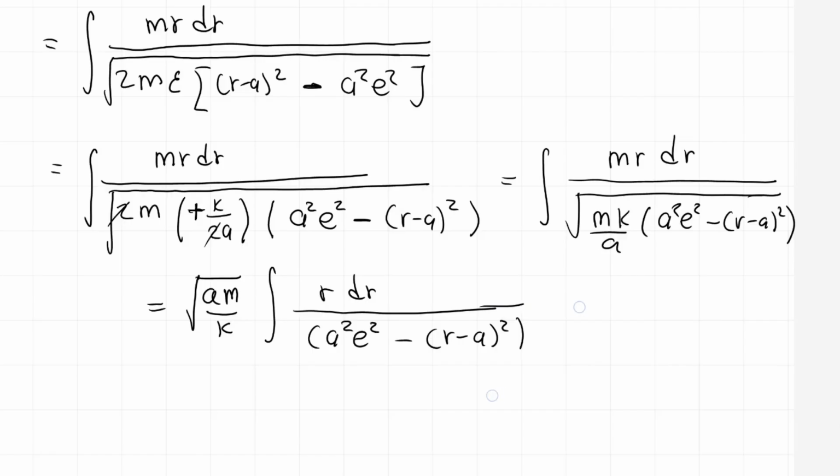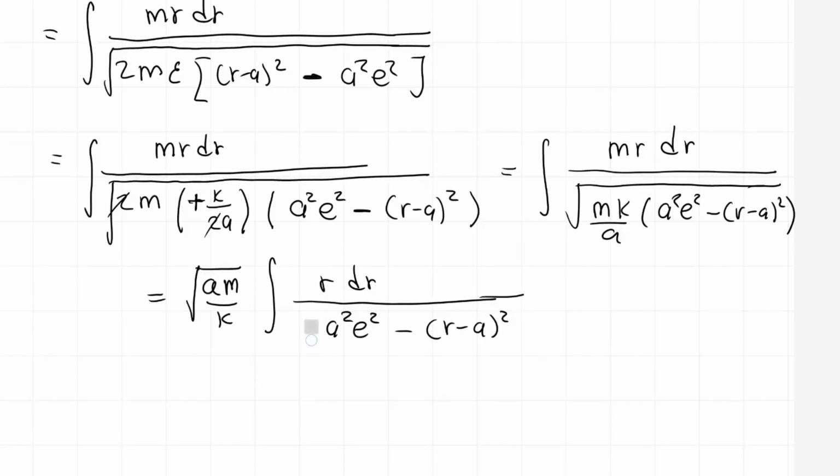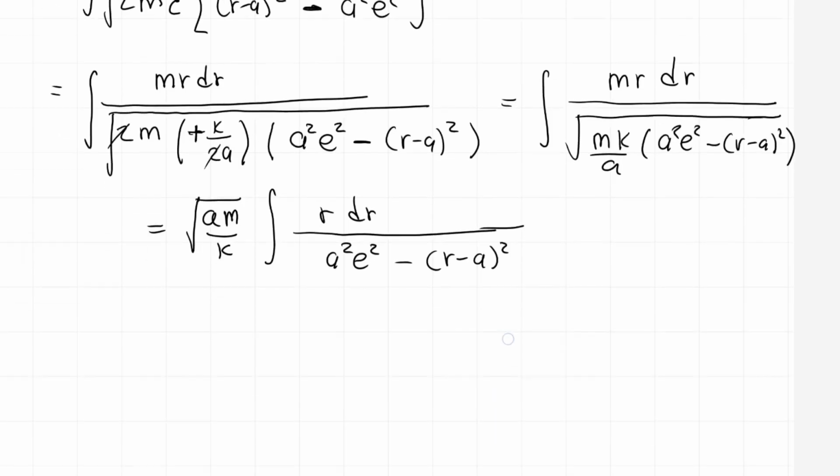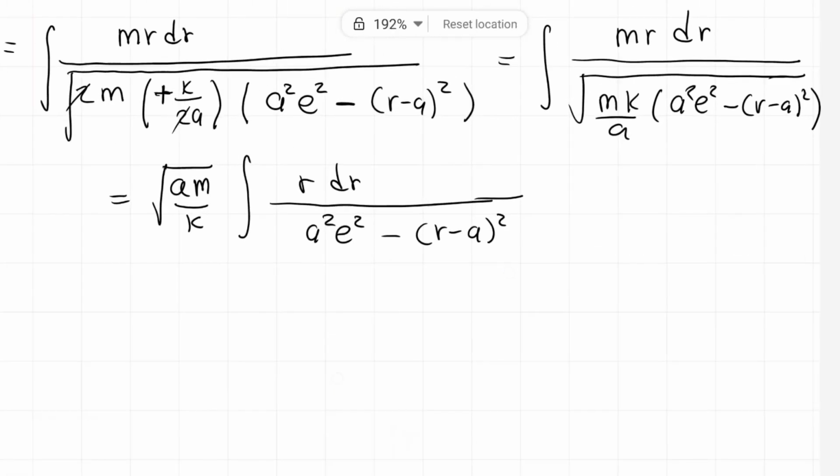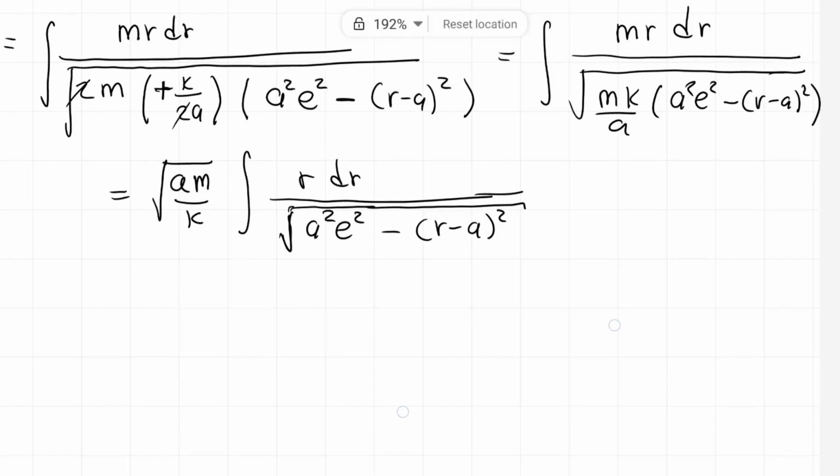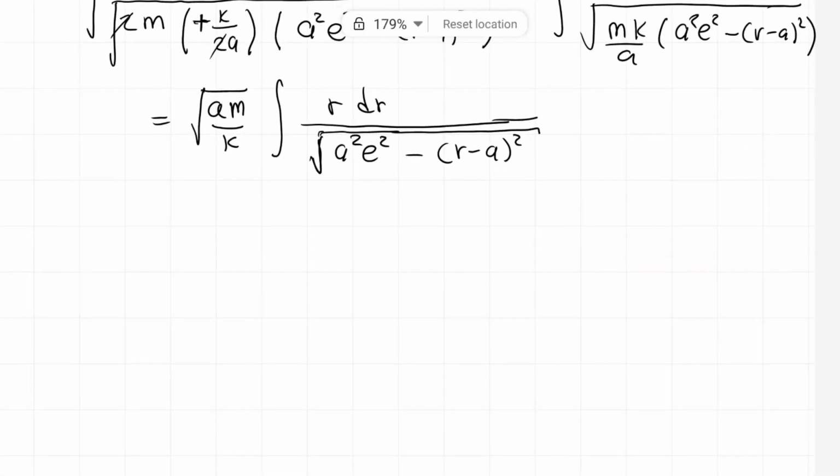Okay, we can erase this parenthesis actually, and we get an integral that seems to be solvable by the trigonometric substitution method. Okay, so let's do it the old way.